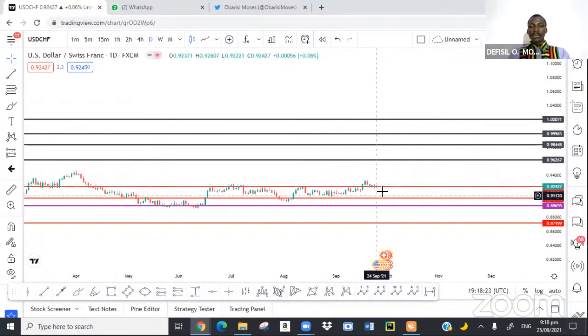So before we consider a buy or a sell, there are some factors we should put into consideration.